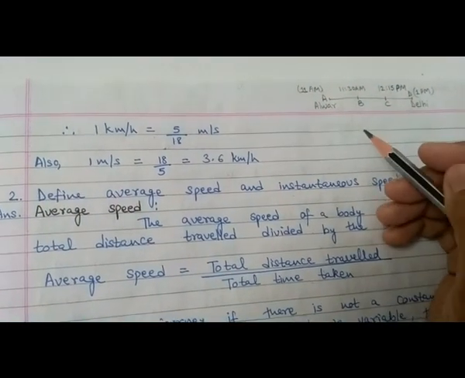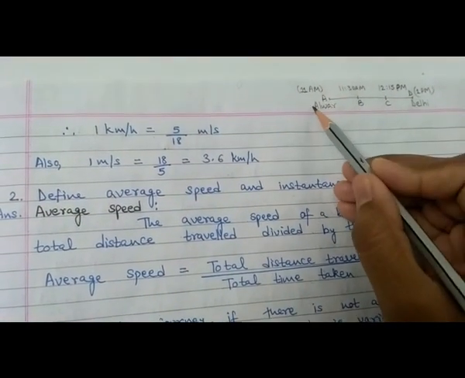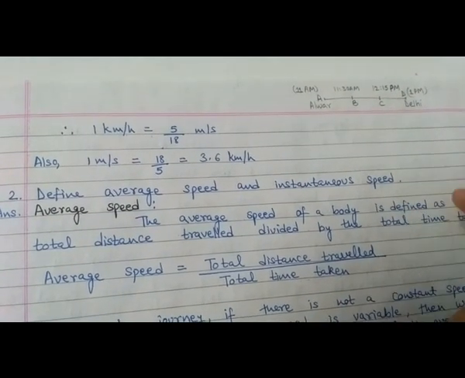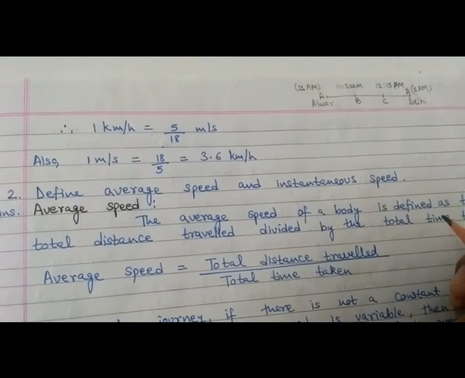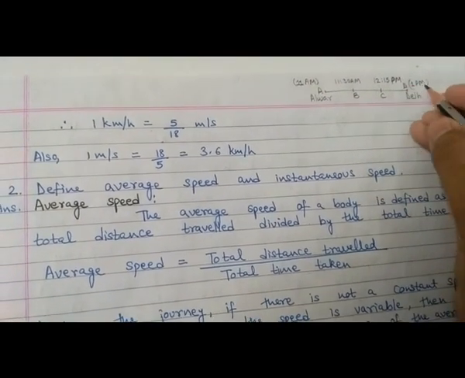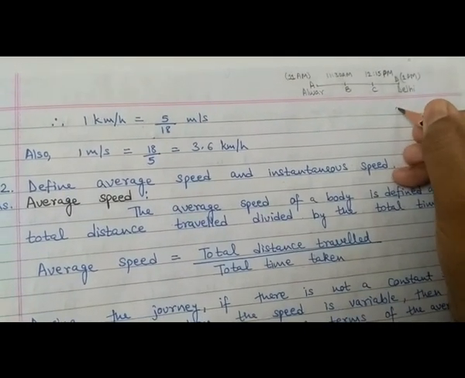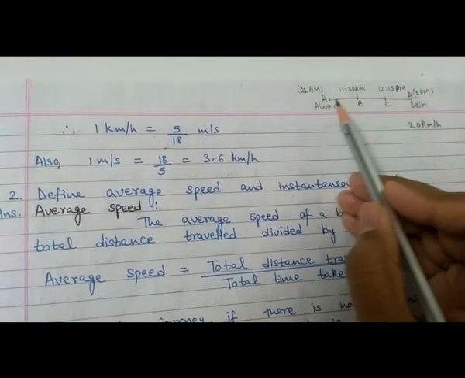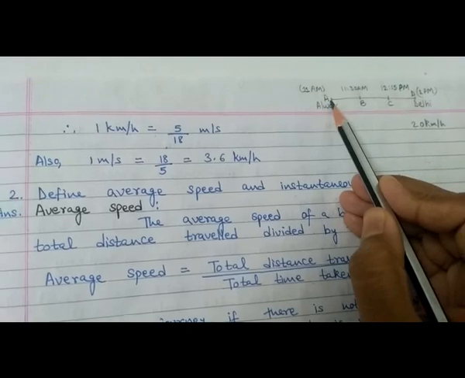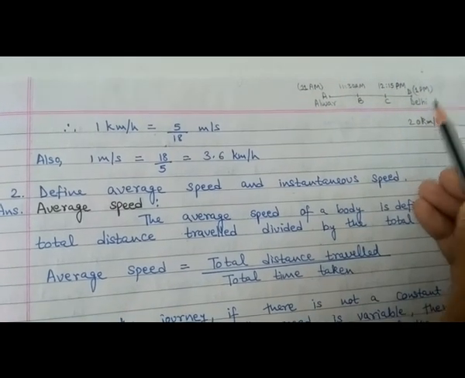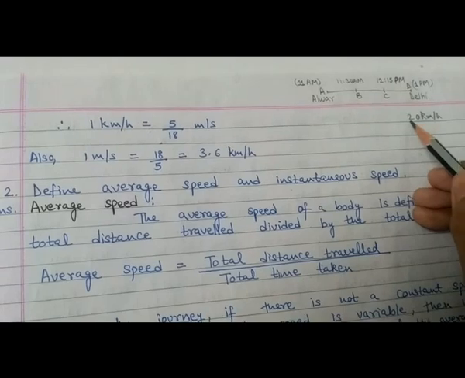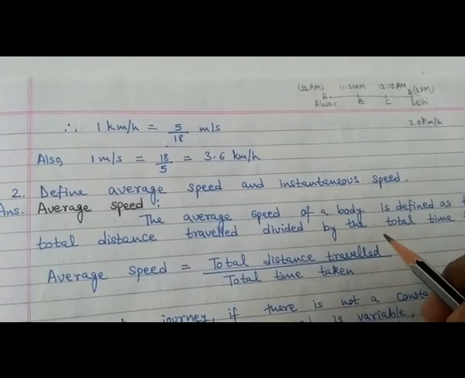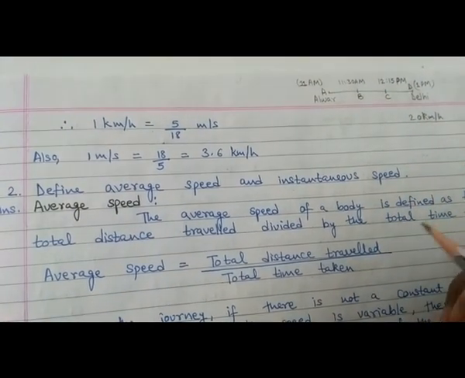Now, if I say that I have traveled the entire journey keeping my speed the same, let's take an example that my speed is 20 kilometer per hour. That means when I drove from A to D, from Alwar to Delhi, I kept maintaining 20 kilometer per hour at every instance of time during my entire journey.